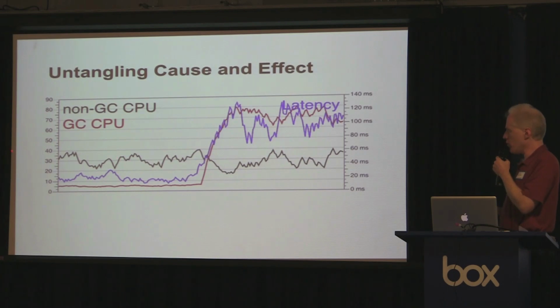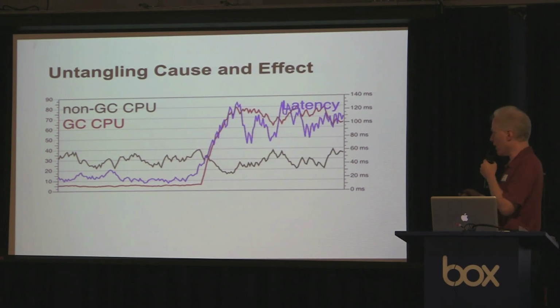Let's break out that CPU usage into the application code, which is kind of steady, and the garbage collection, which has just skyrocketed. And the reason for that in this scenario is that our database server or some other back end has slowed down.